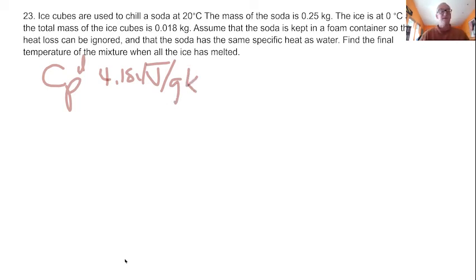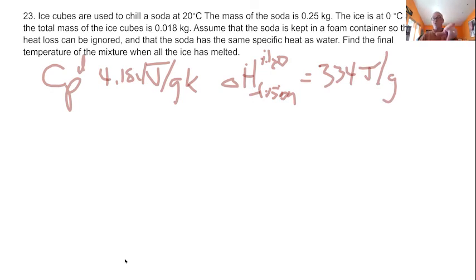The other thing you need that you don't have here is the latent heat of fusion. That is the amount of heat required to freeze or melt something. And for water, that is 334 joules per gram. Those are the 2 bits of information you need to answer this question.